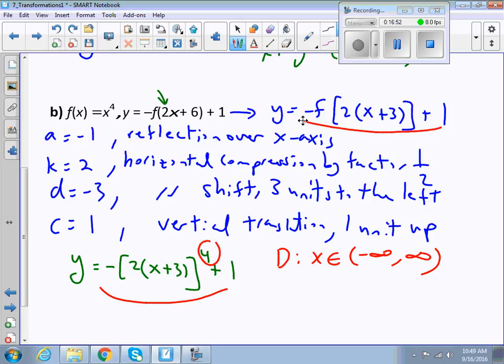But it still has that vertex at -3 and 1, right? So my range would be y, an element of real numbers, but it's going to be every value less than or equal to +1, so from negative infinity all the way to, sorry, +1 with the square bracket. Okay? And that's it.